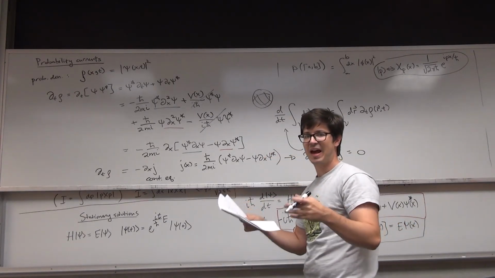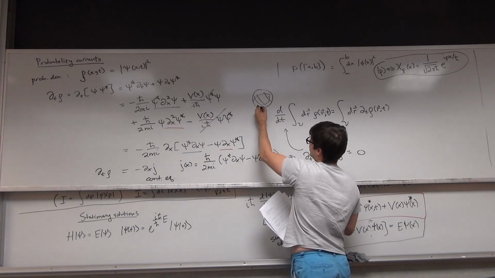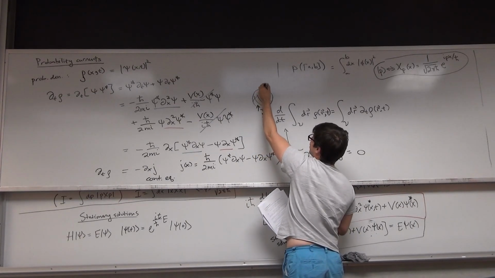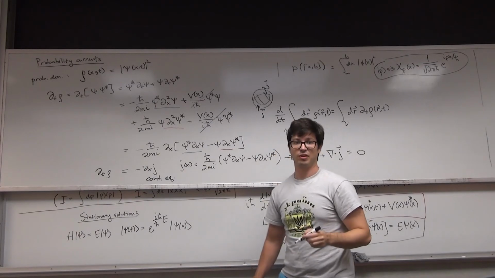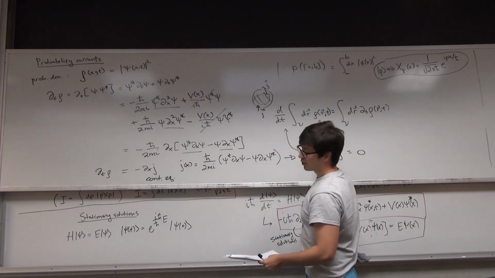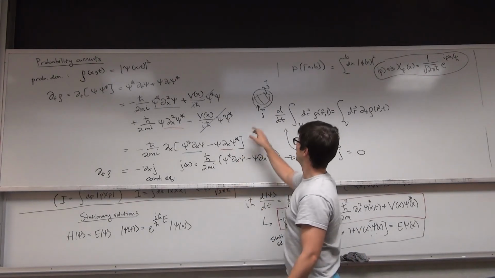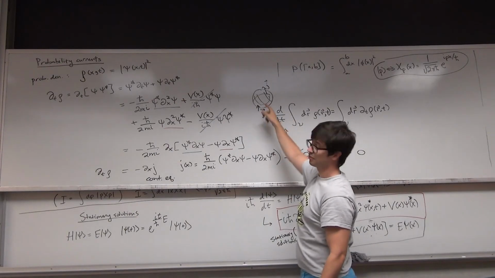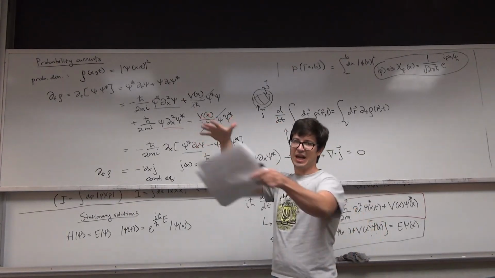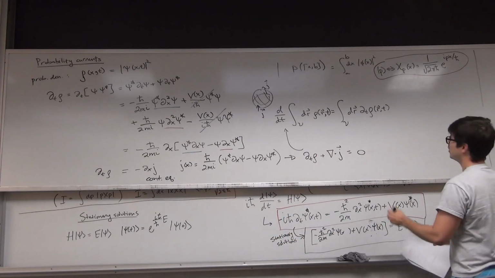The only way the amount of mass in there can change is if there are fluxes that go in and out of this little volume through its surface, its boundary. Because if this is a conserved quantity, then there are no sources or sinks of rho inside that volume. The only way rho can change in time is if something comes in or goes out from the outside of the volume you're integrating over.